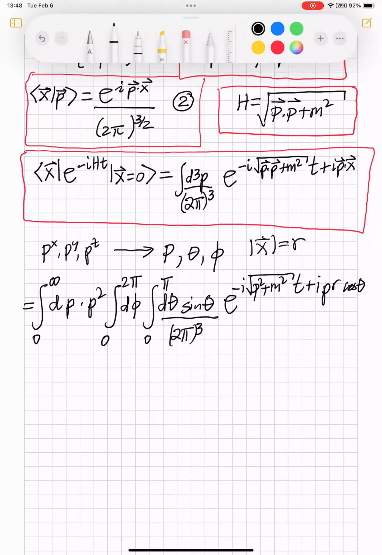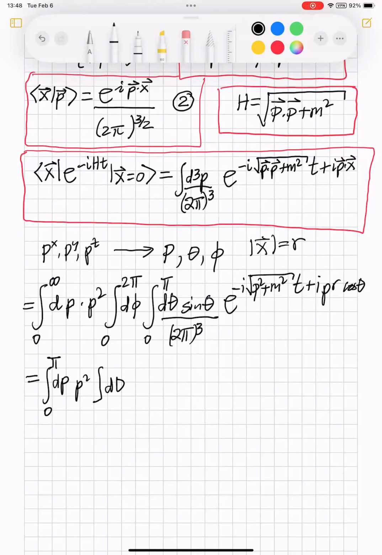Good. So the integral over phi is rather trivial. Nothing in the integrand depends on phi, and that was the statement that the integrand only depended on the magnitude of p. So our payoff for this change of variables comes in the fact that the integral over phi is so easy. We've got a p squared. We no longer have the integral over phi.